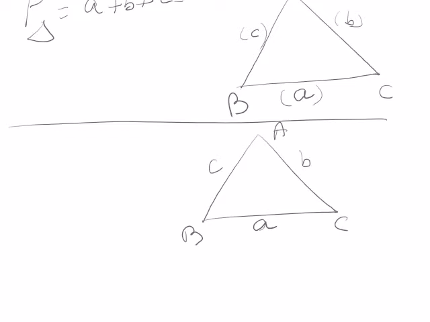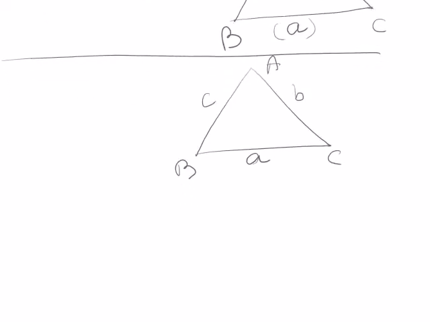Then also you can find the area of the triangle by the formula: area of triangle is equal to square root of s into, I'll tell you, don't get scared, let me write it, then I'll explain to you.